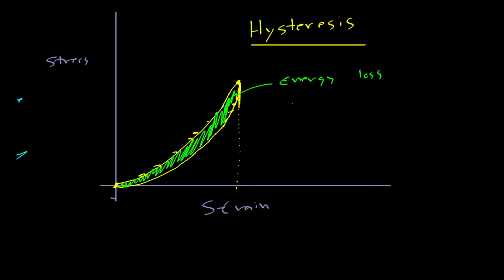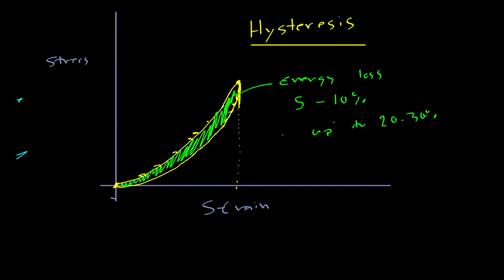Now in biological tissue like the Achilles tendon, usually it's maybe 5 to 10%. Some studies say maybe up to 20, 30%, but the most commonly cited figure I see is about 5 or 10%, which is not too bad.